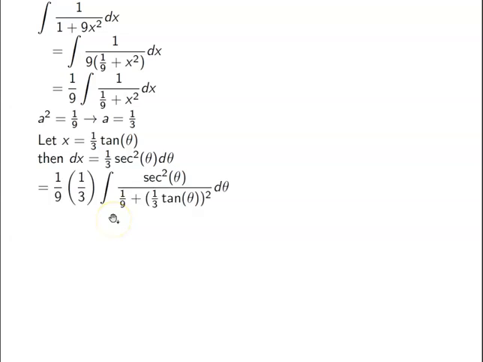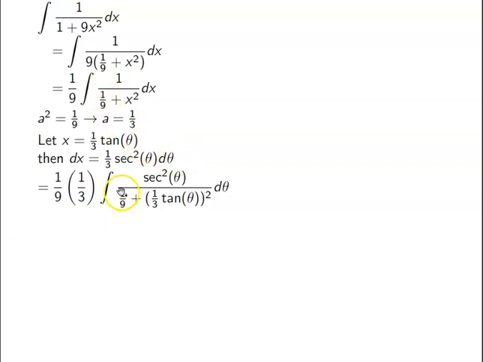So I differentiate both sides. So I still have my 1/9. This 1/3 comes from the secant squared, so I'm just going to throw that on top. I could have thrown it on the side if I wanted to, but this is 1/3 secant squared theta d theta. That all comes from the dx.